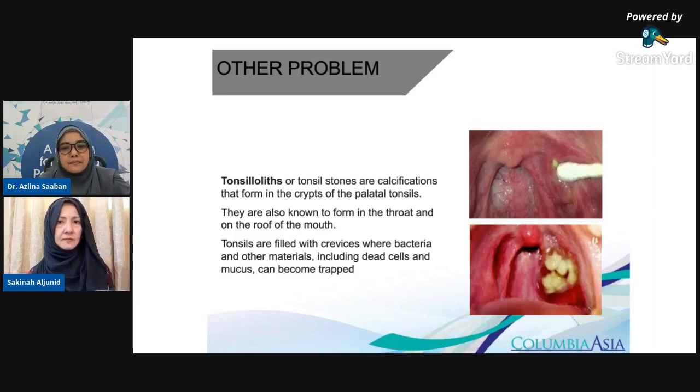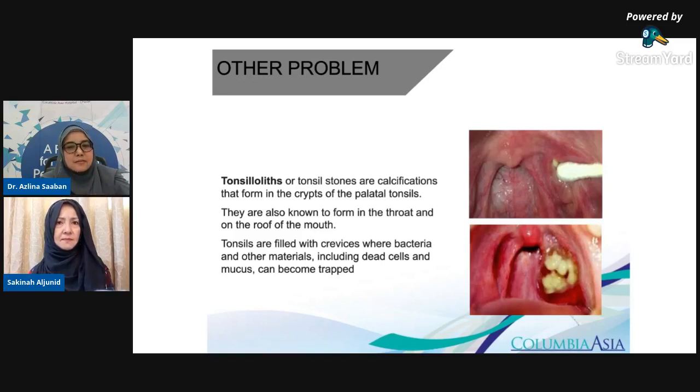Sometimes we can hook out the tonsil stone and remove it, but there's a lot more inside. Some patients feel very uncomfortable because it's quite smelly when they cough out and spit out the small white debris.